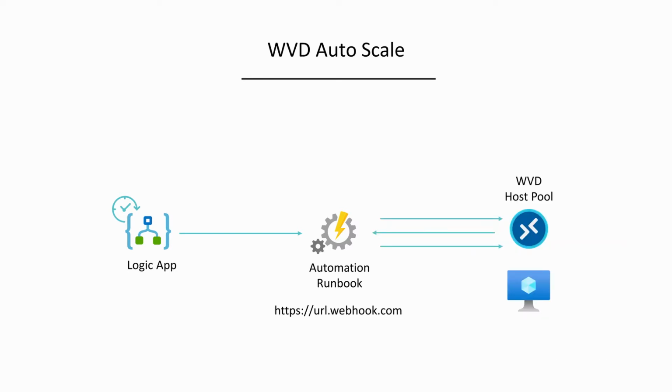When the runbook starts, it gathers information on the host pool, such as the status of the session host and the number of sessions in each. It uses that information along with parameters passed to it by the Logic App to determine if it should start or stop session host. We also have the option to log all the data about the job to a Log Analytics Workspace for us to query later.